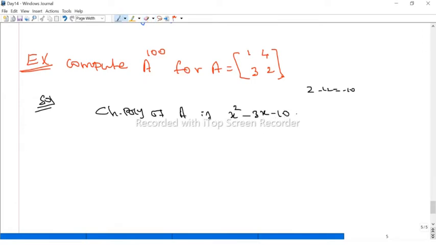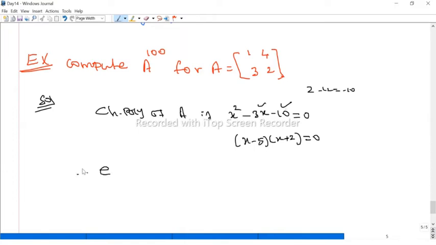So we take this equal to 0, the characteristic equation. Now, what are the roots? This is the product of the roots and this is the sum of the roots. Therefore we can write x minus 5 into x plus 2 equal to 0. Then we get minus 5x plus 2x, which is minus 3x. Therefore the roots are 5 and minus 2.